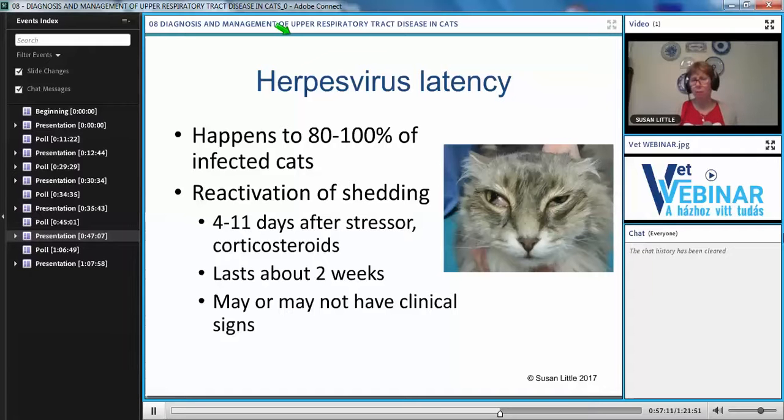But in terms of the upper respiratory signs, those cats usually don't have a reactivation and recurrence of shedding and clinical signs again in the future. They can get infected again, but it's not like herpes virus where we have these latent infections that will go ahead and reactivate. So let's talk about drug therapy for herpes virus.